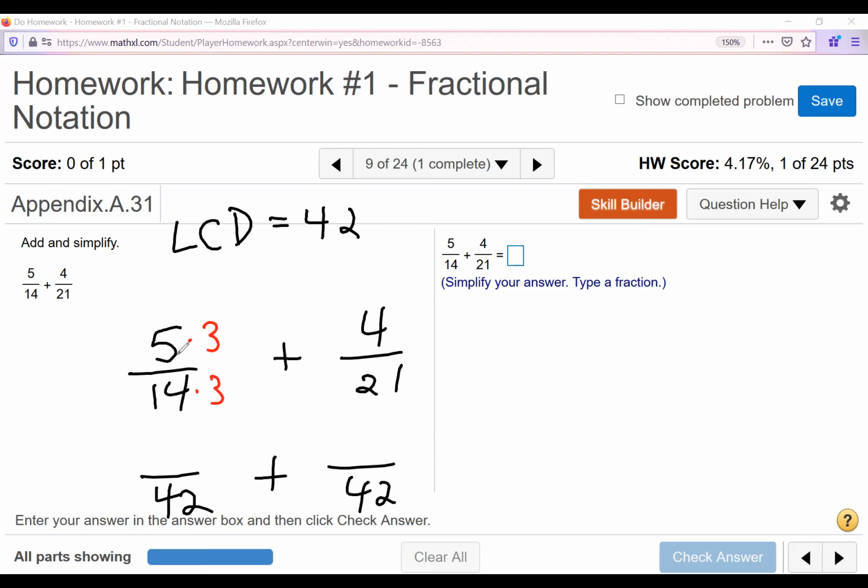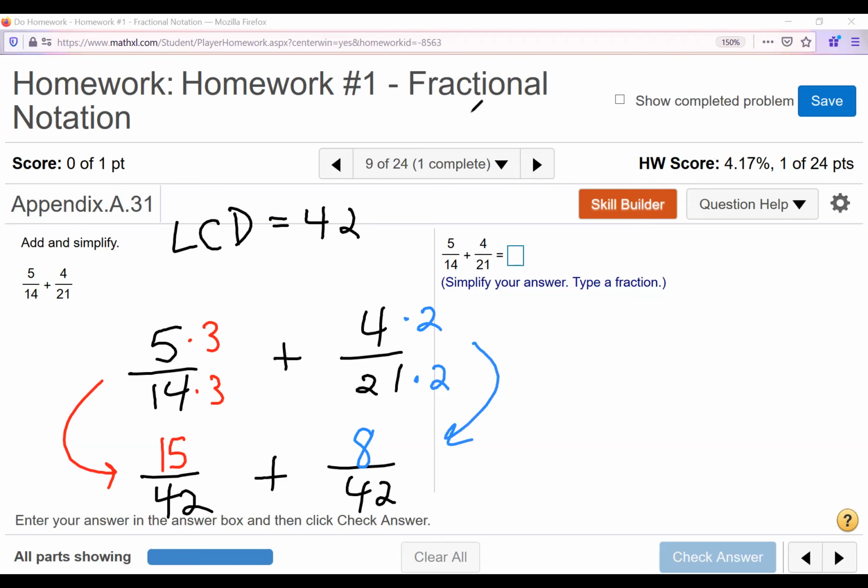So I would need to do 5 times 3 in the numerator. So that first fraction, 5 over 14, that becomes 15 over 42. For the second one, 4 over 21, I would do 21 times 2 to get 42. So 4 times 2, that becomes 8. So my second fraction, 4 over 21, becomes 8 over 42.